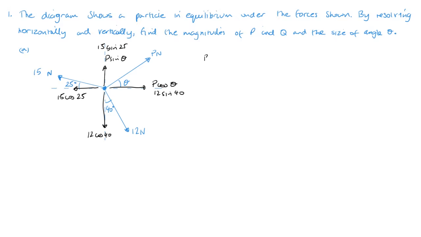So we've got, resolving horizontally, P cos theta plus 12 sine 40 equals 15 cos 25, and resolving vertically we've got 15 sine 25 plus P sine theta is equal to 12 cos 40.